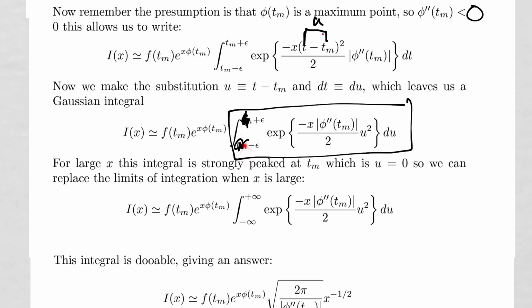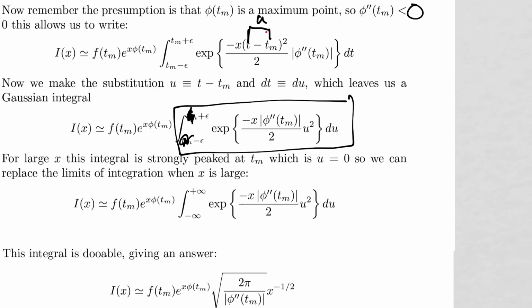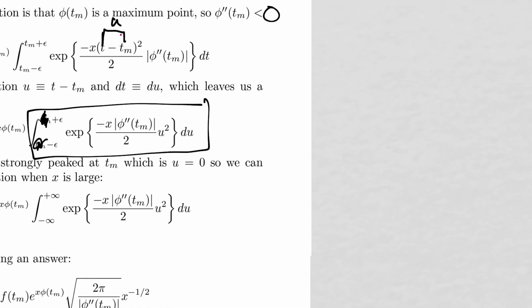Now I'm claiming that our integral is approximated by this over a very, very small range of epsilon. Now look, the fact is that's got to be the case, because if it isn't, I just choose x to be big enough so that it is, right? Now this Gaussian literally looks like this with a height, right?